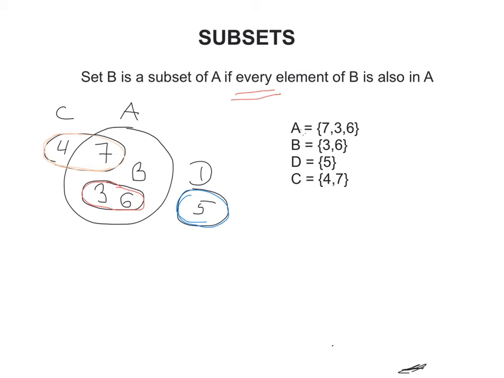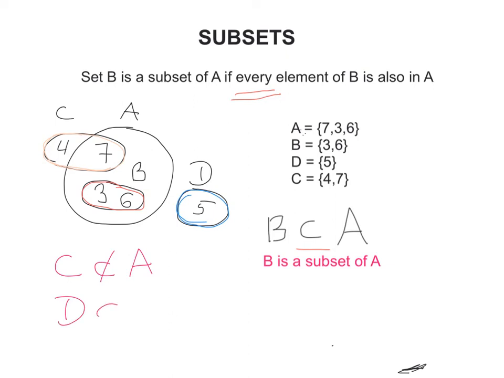And we can see that only set B is a subset of A. And the notation for it is B is a subset of A. As you can see, C is not a subset of A, and D also is not a subset of A. And this is the notation for not a subset of A.